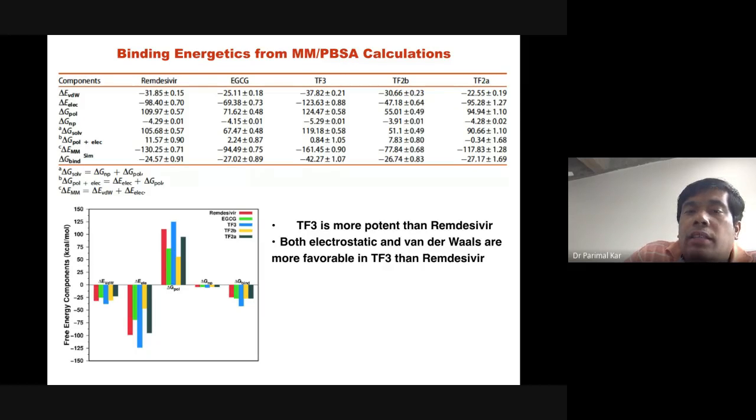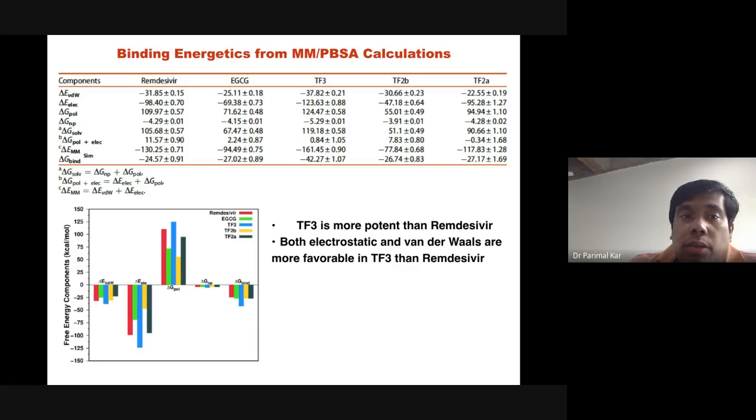And why is it more potent than Remdesivir? That you can get by comparing each term. If you compare the van der Waals term between Remdesivir and TF3, you can see that in TF3 this van der Waals interaction is more negative. That means it is more favorable. The electrostatic interaction is also more favorable in the case of TF3 compared to Remdesivir.